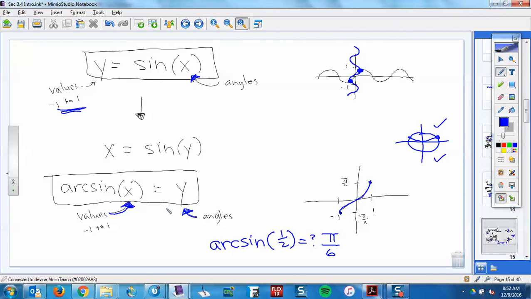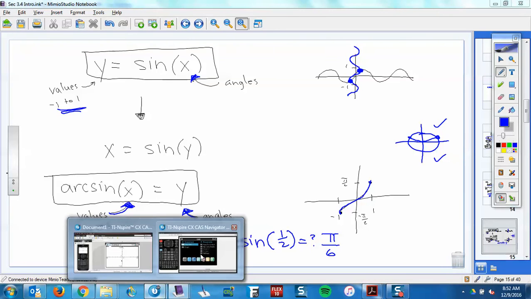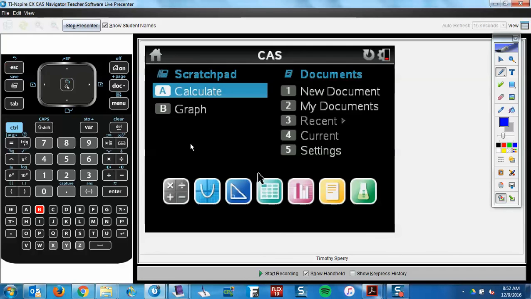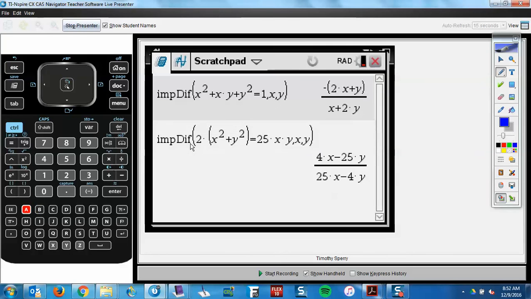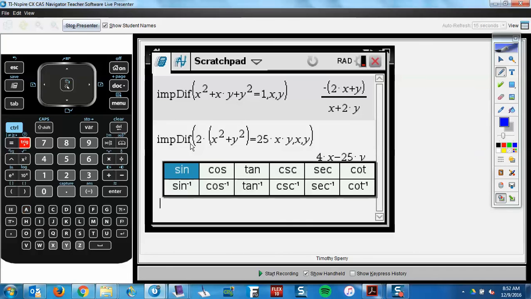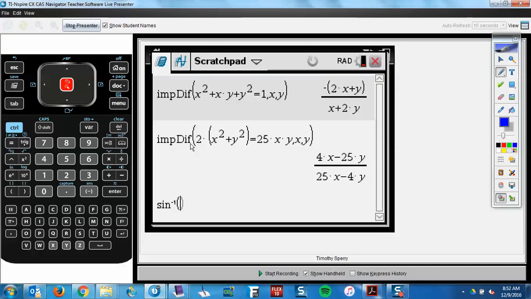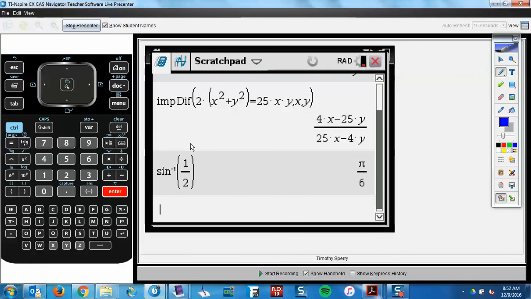Type it into your calculator. Tim, do that for us. Everybody else do it too. Go to your calculator screen and go to arc sine, which is sine to the negative 1. I hate using that, but that's what it means. It doesn't mean reciprocal, it doesn't mean 1 over. It just means arc sine. Do arc sine of 1/2, 1 divided by 2, and you get pi/6.